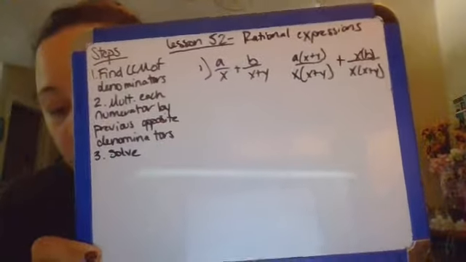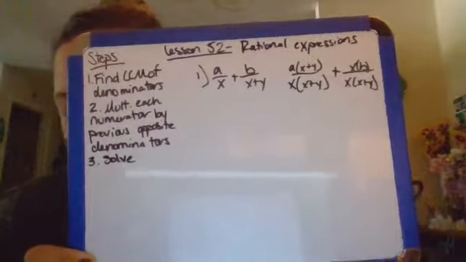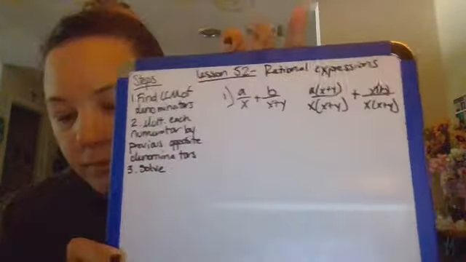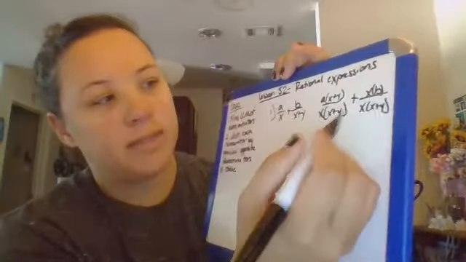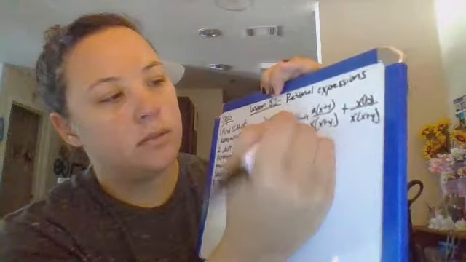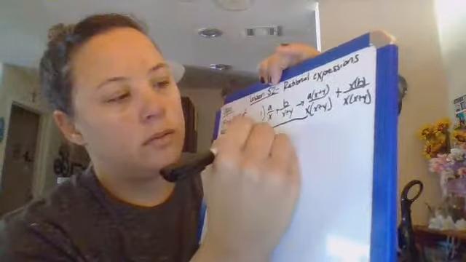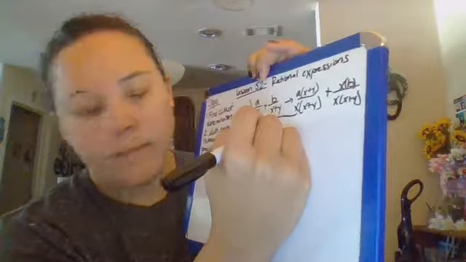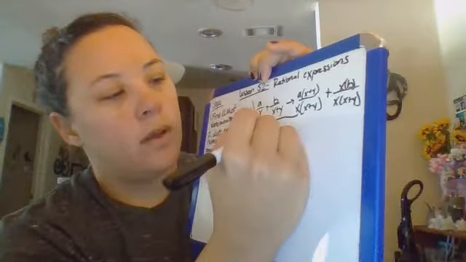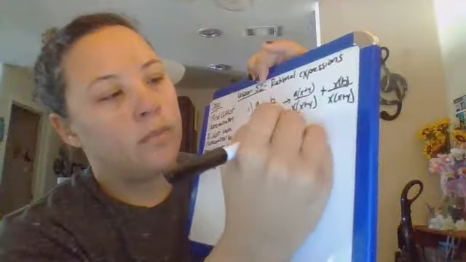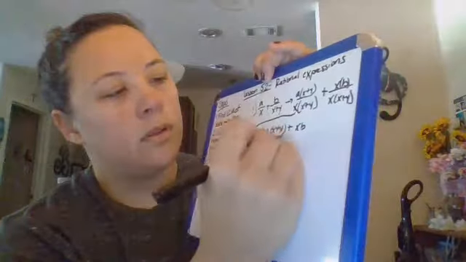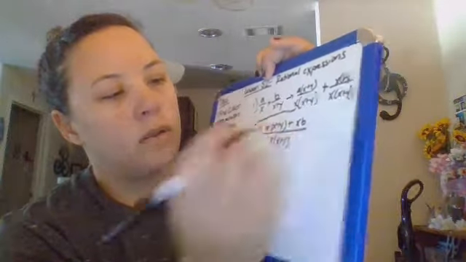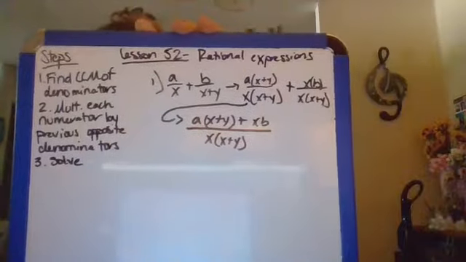And then we just have to solve it. So this basically means a times x plus y plus xb. All I did was just rewrite it.